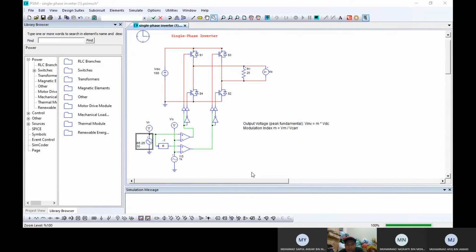After running the simulation, the waveform shown is the full waveform. So to answer this question, the range we need to set is between 0 to 0.01, or 0 to pi. So that is the result that I get from running the simulation. Thank you.